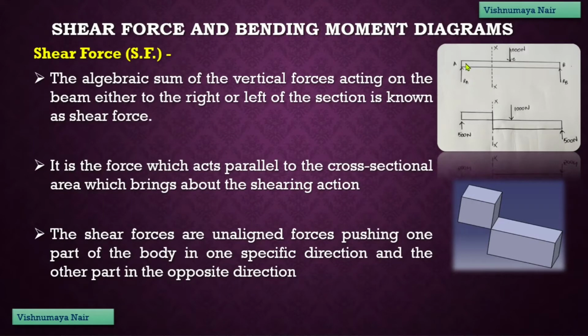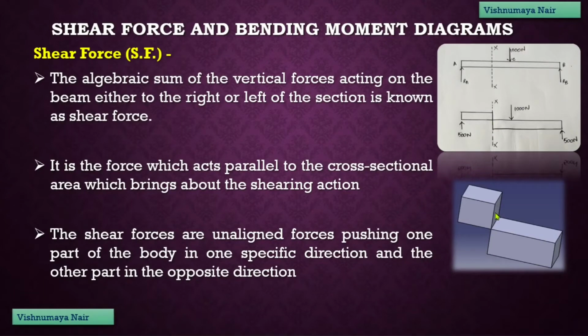On the left side of the section, we have a force of 500 Newton which is pushing this portion of the beam in the upward direction, and on the right side of the section we have the resultant force of 500 Newton which is pushing this portion of the beam in the downward direction. As a result, this portion of the beam moves in the upward direction and this portion moves in the downward direction like this.